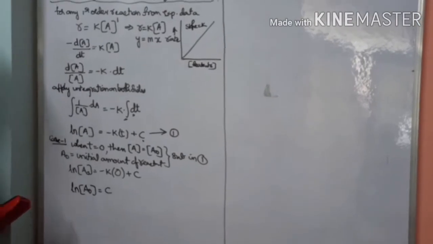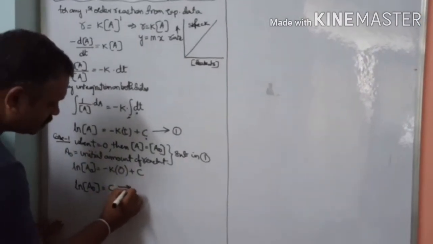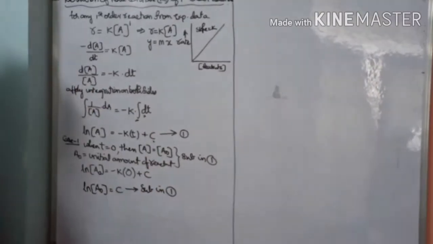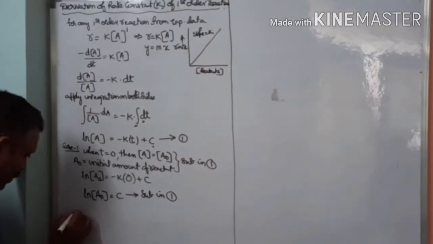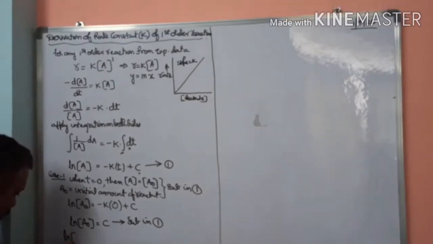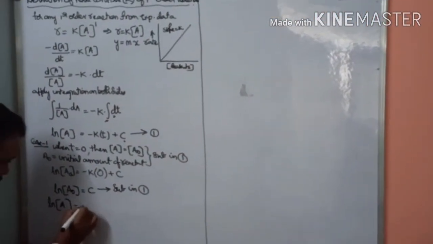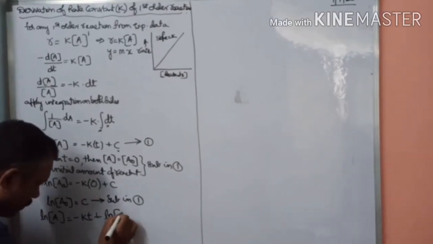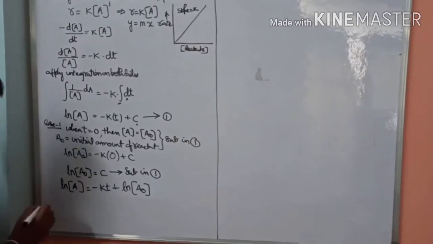Okay, so you can substitute this value of C in equation 1 again, and let us rewrite equation 1. You get ln of A is minus of kt plus ln of A naught. Okay, how is this equation?